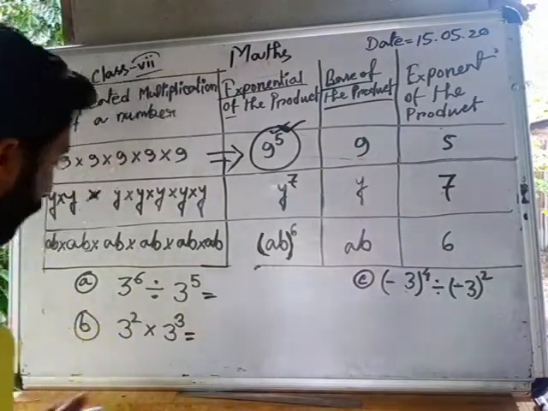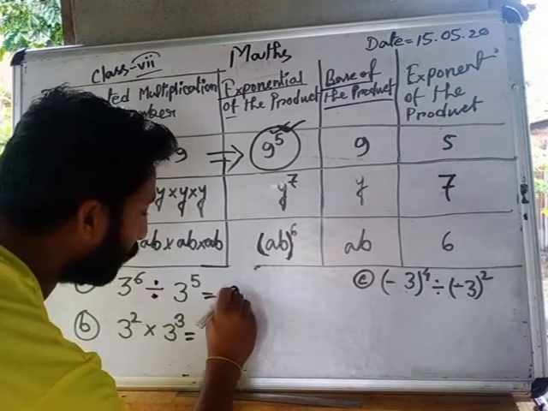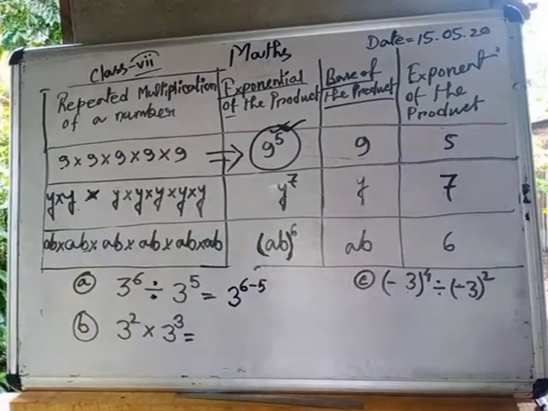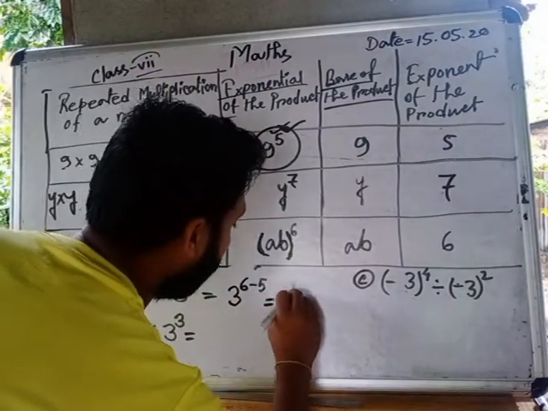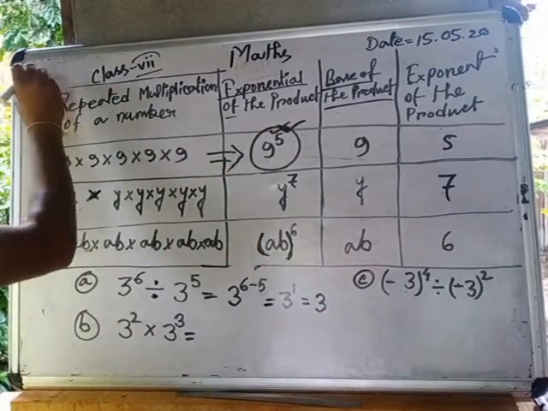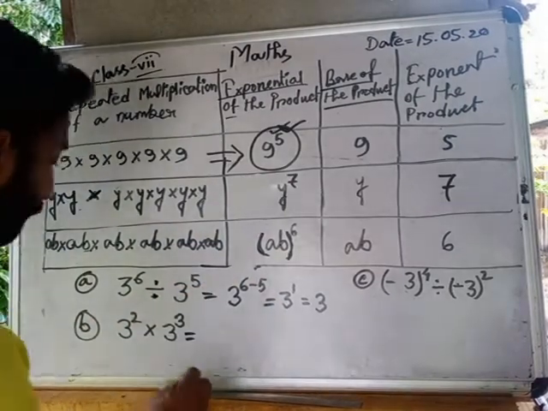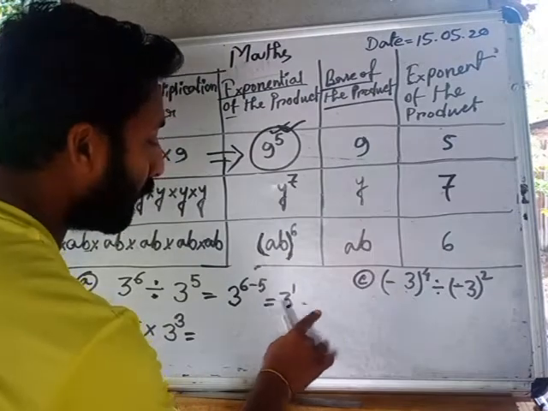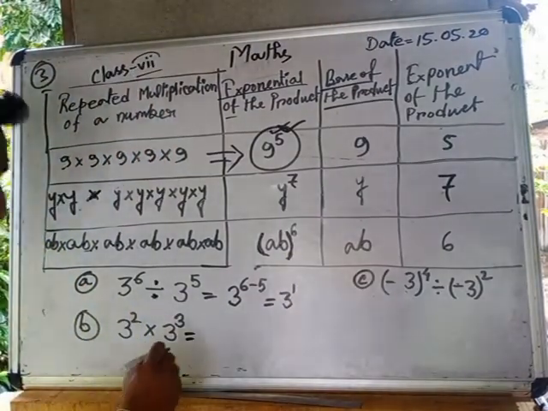If there is a division sign, we should subtract the exponents. 3 to the power 1 means 3 multiplied 1 time, that is also 3.